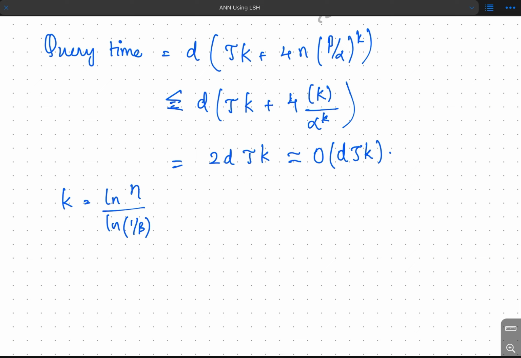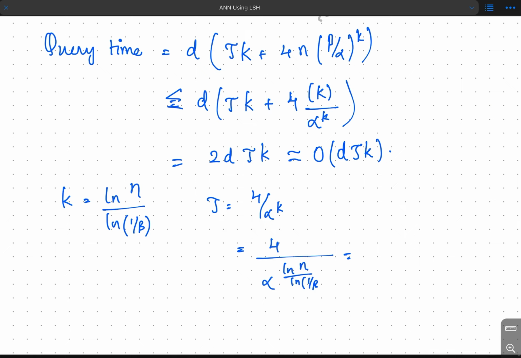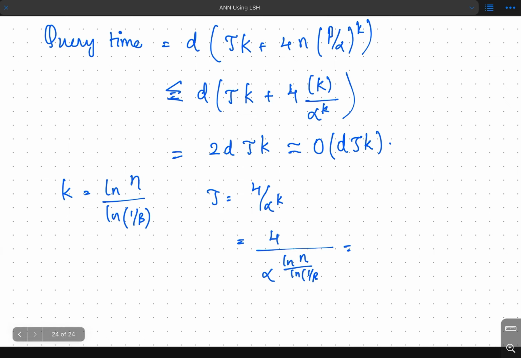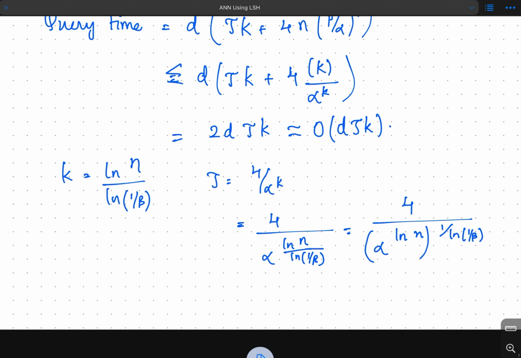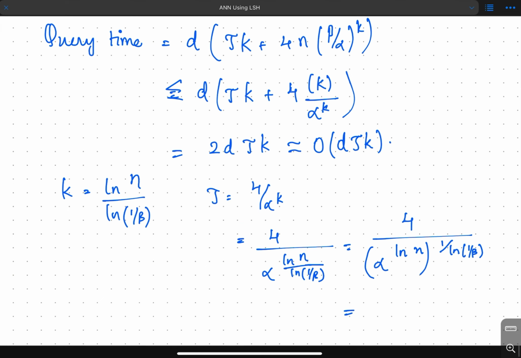Let's see what the value of tau exactly is. Tau is equal to 4 by alpha^k, and k we chose as ln n by ln 1/beta. So this will be equal to 4 by alpha power ln n to the power 1 by ln 1/beta.